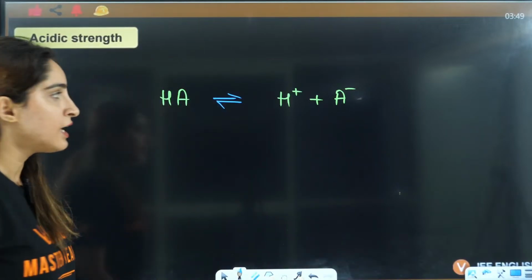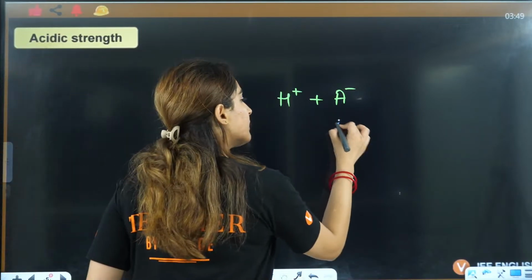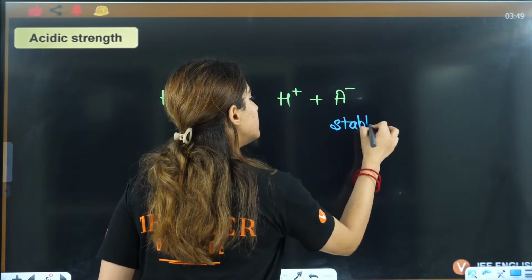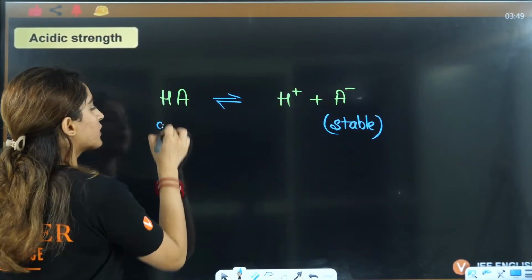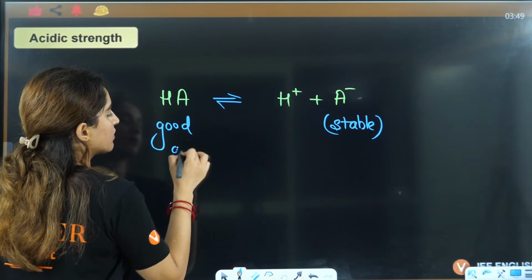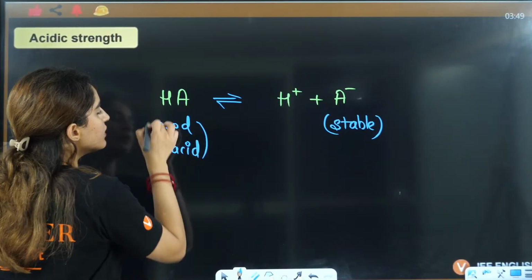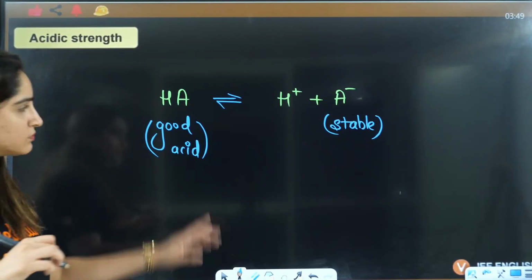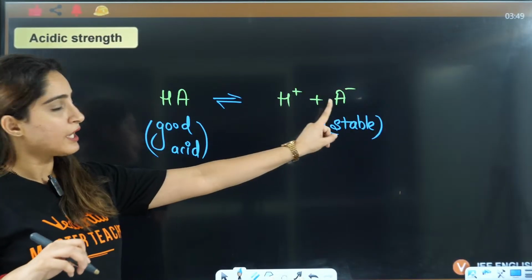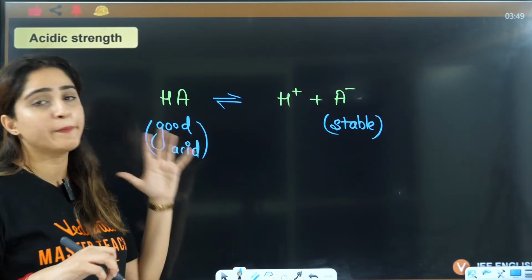If the anion that you have formed is stable, then this will be a good acid. If this is not stable, this will be a poor acid.